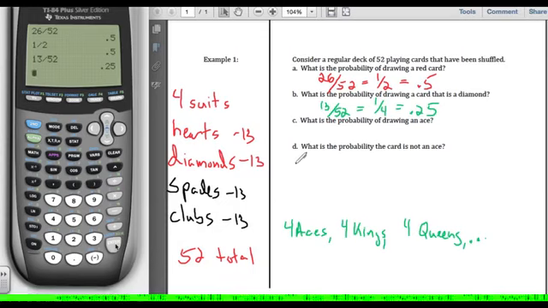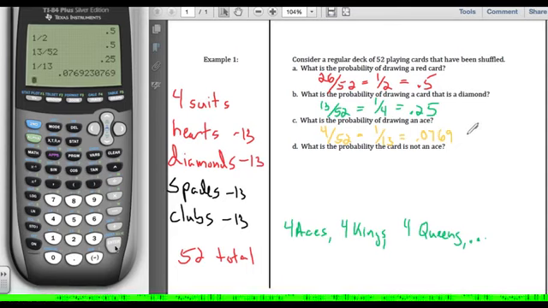For C, the probability of drawing an ace, I've already listed that there are 4 aces out of 52. That's 1 out of 13. Take that 1, divide it by 13. If I round that to 4 decimal places, that's 0.0769.